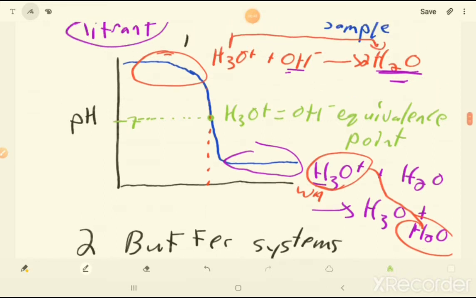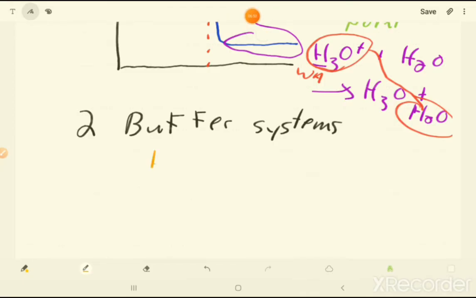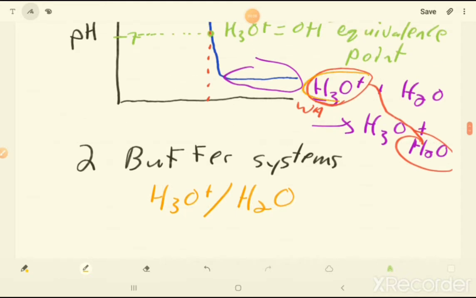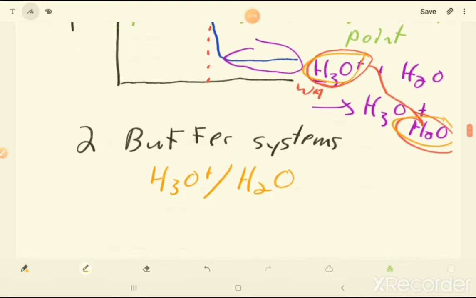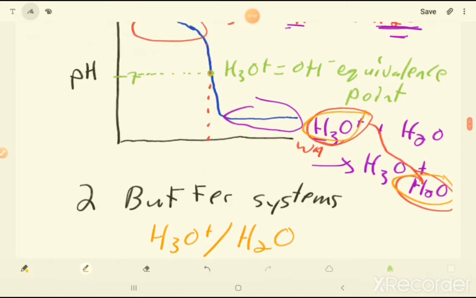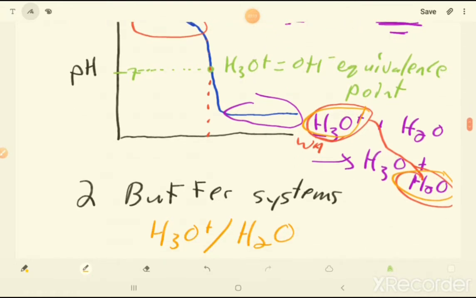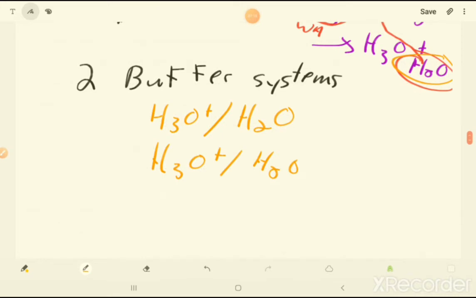The first one occurs at the top, which is going to be the H3O plus to H2O buffer system. And the second one is again the same buffer system repeated of H3O plus and H2O. And hence we have two flat regions of a strong acid, strong base titration.